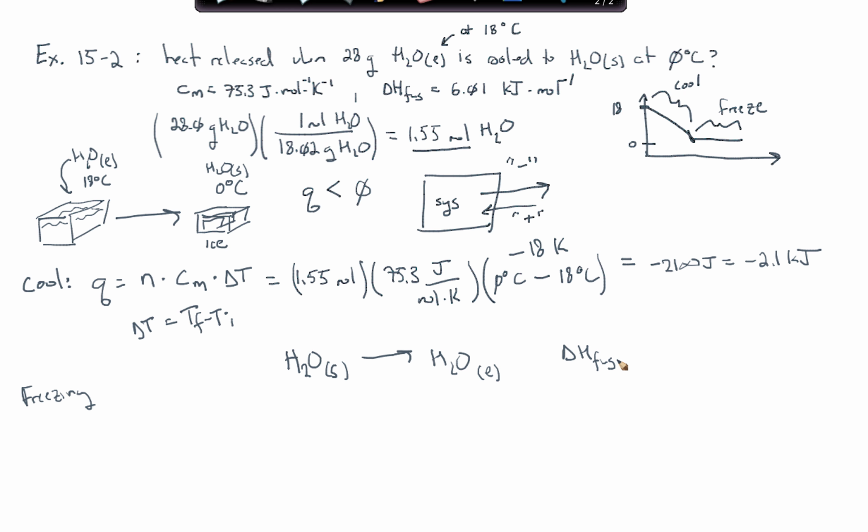It's called delta H of fusion, and this is equal to plus 6.01 kilojoules per mole.